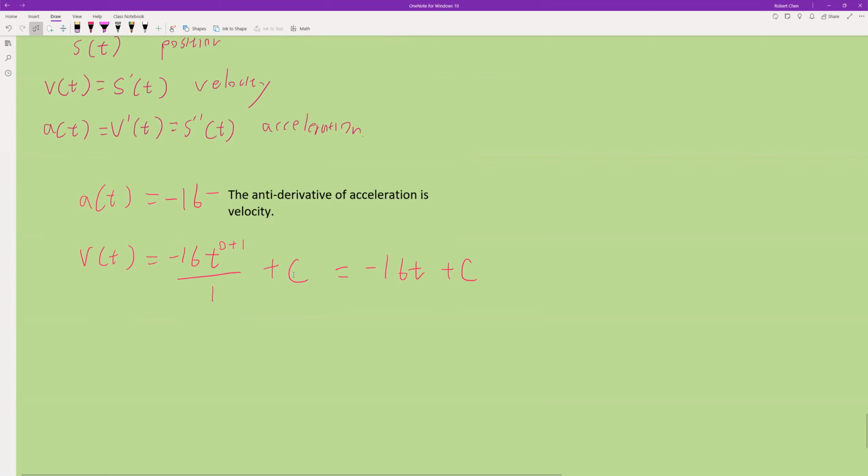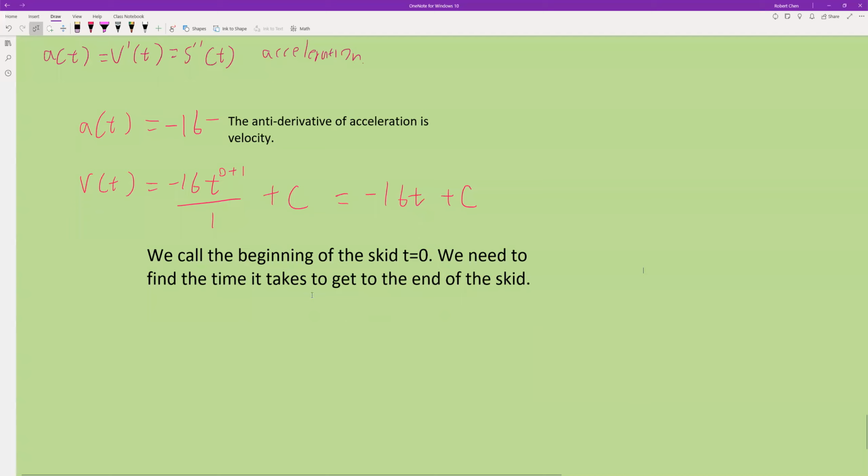Now, let's say we begin the skid mark at time 0. We call the beginning of the skid time equal to 0. That's when we start counting. We need to find the time it takes to get to the end of the skid. At the end of the skid, the car is stopped. When the car is stopped, the velocity at that time t is equal to 0.